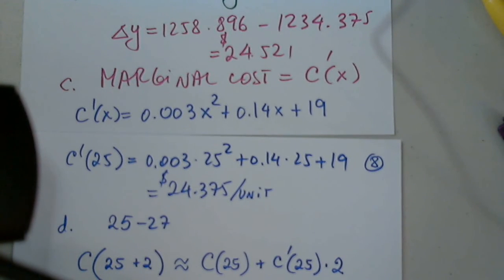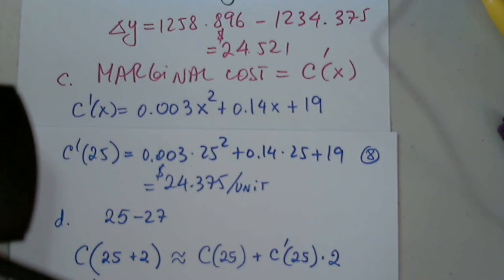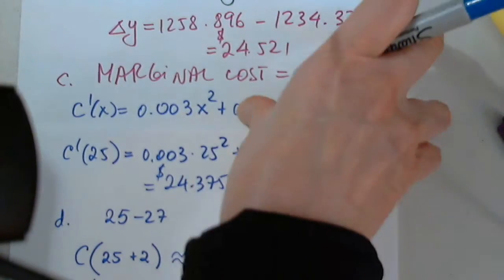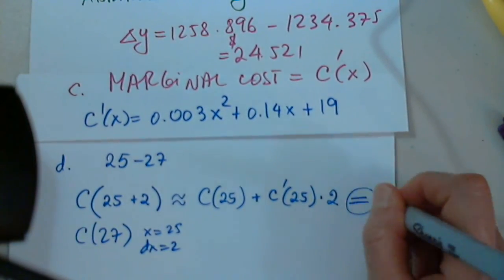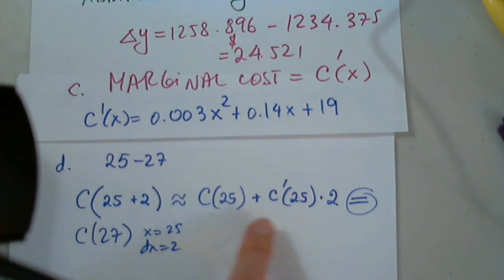So this is the cost of 27, where x equals 25 and dx equals 2. So C of x plus dx is approximately C of x plus C prime of x times dx. And we have all the information. So here the equal symbol is correct, but between this and this it's the squiggly symbol, approximately.